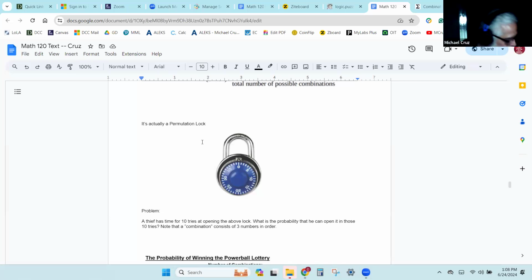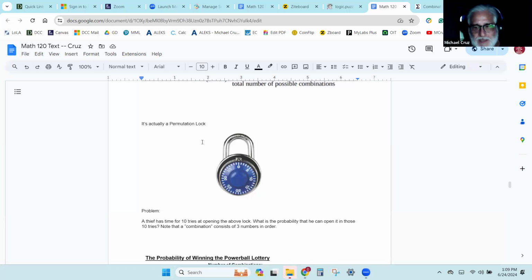Okay. So what we need to do here in this situation, it's called a permutation lock because the numbers in the combination have to be in order.